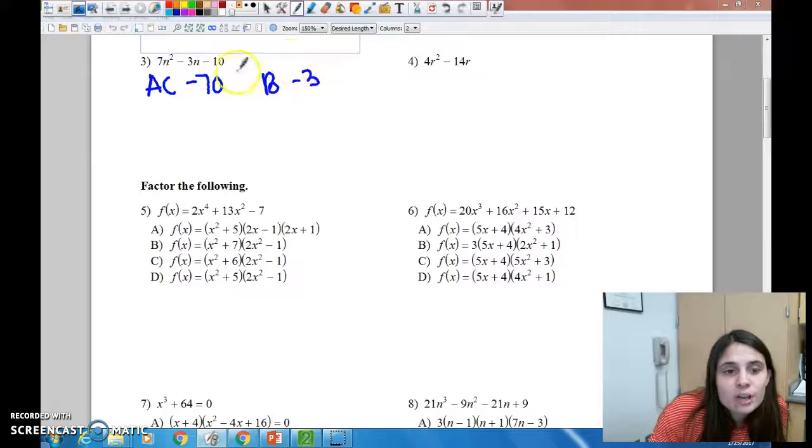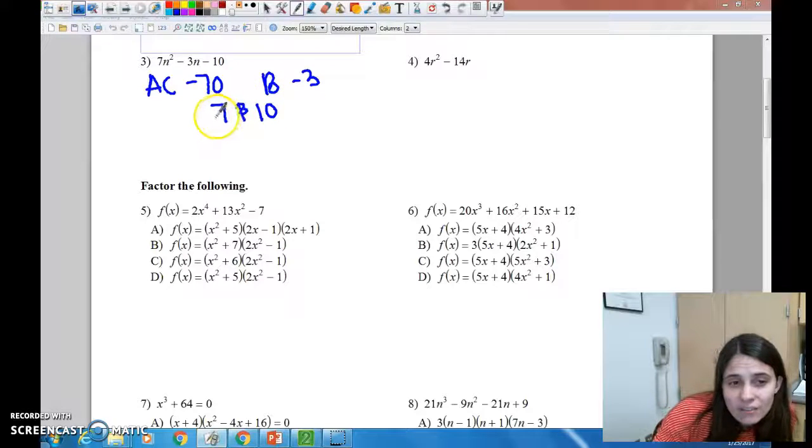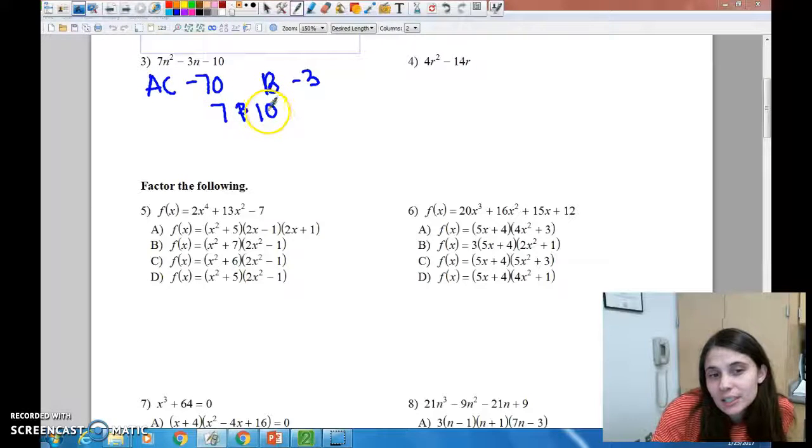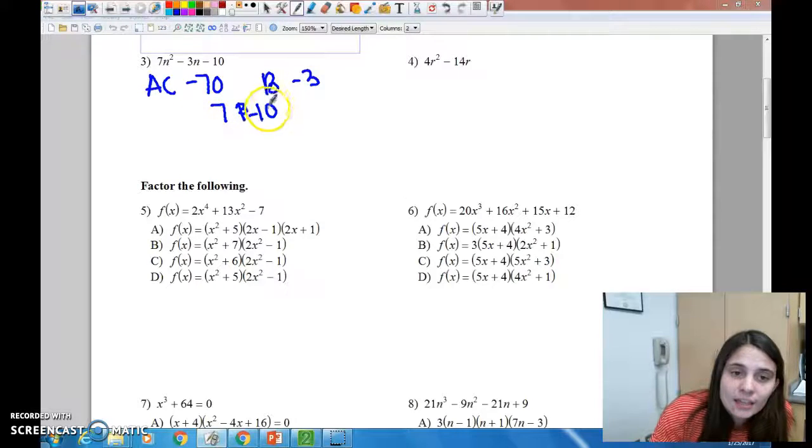So two numbers that multiply to -70 and add to -3. So 7 and 10 multiply to 70, and I've got to figure out which one needs to be negative for this to be -3. If I have a -7, -7 plus 10 is +3, so that doesn't work. But if I have a -10, 7 plus -10 is -3, so that does work.